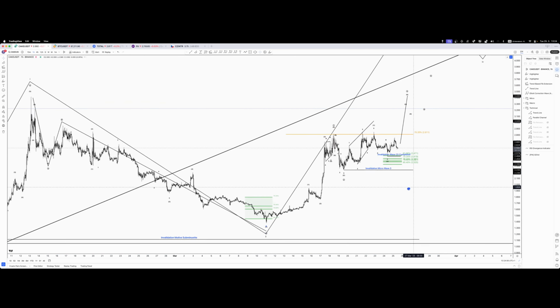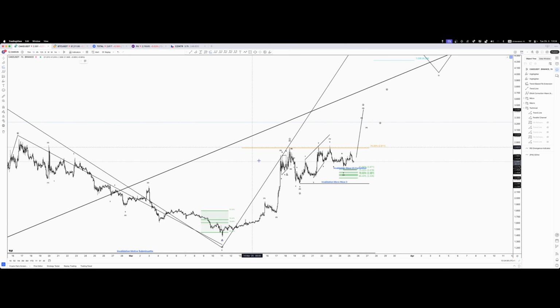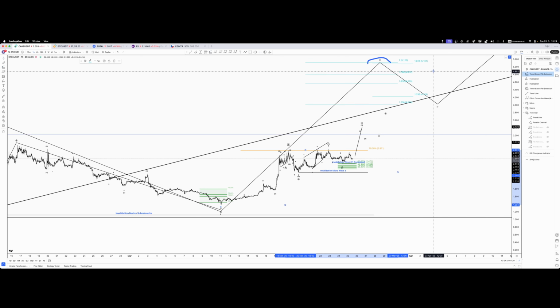Now, this level marks a line in the sand for the micro wave 3. If I put some extension, micro wave 3 is expected to take price, if I look at the 1.618, to $5.10. Amazing, isn't it?